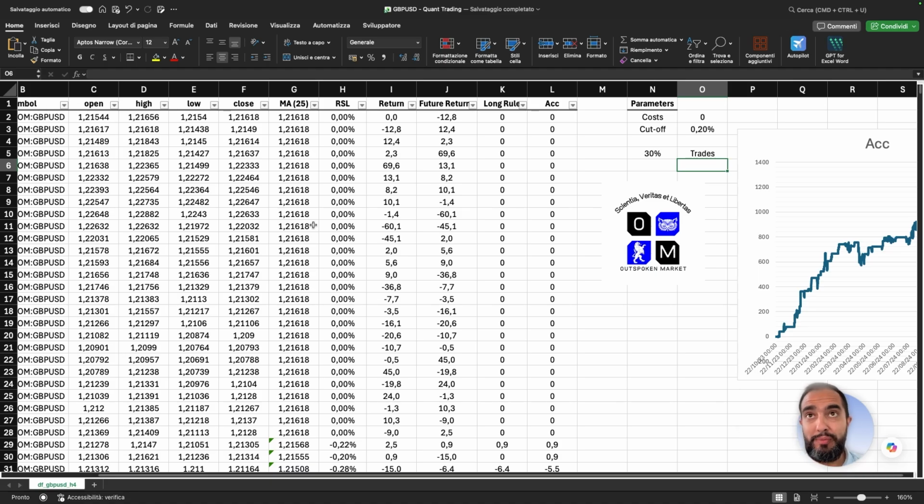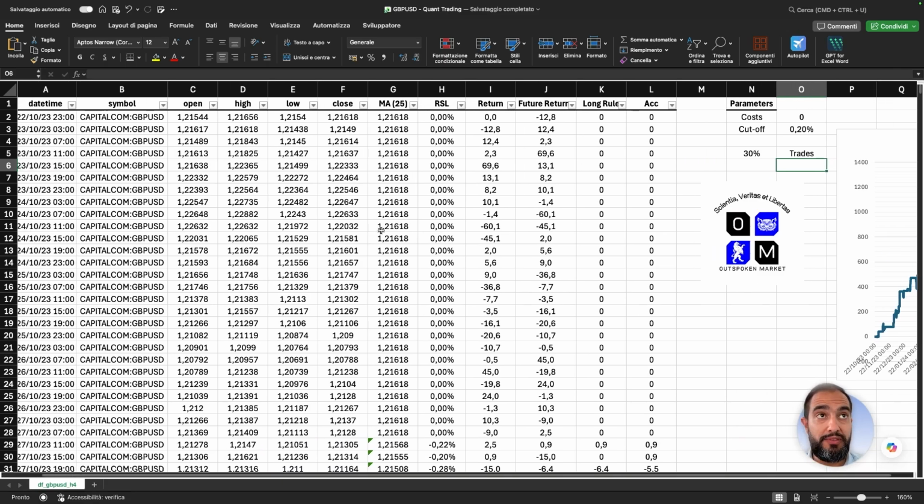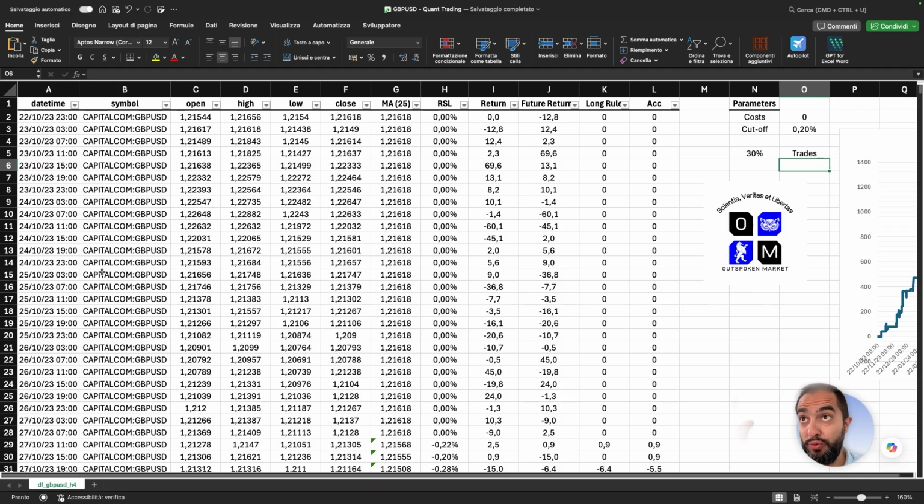Also, remember that I'm not applying any risk management nor any kind of stop loss, and I'm not discarding the night candles where eventually nothing happens, such as the Asia session, which you will not be trading if you are in the West.